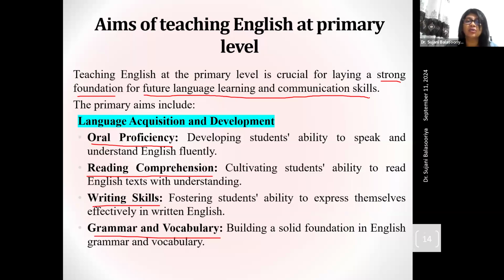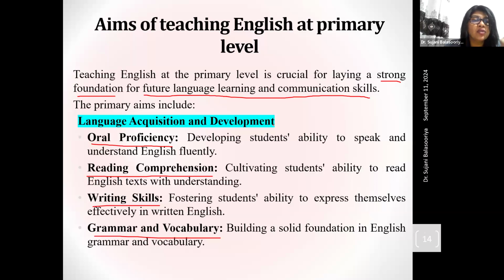Otherwise, not to teach English so that the kid will achieve a very good level of the English language. No, nothing like that. It's a matter of laying a foundation, right? Okay, in the light of that idea, we will look at some primary aims, right?